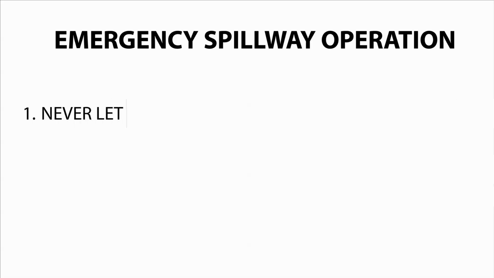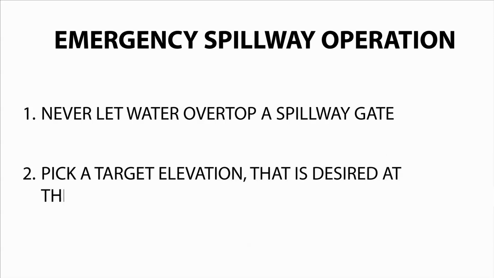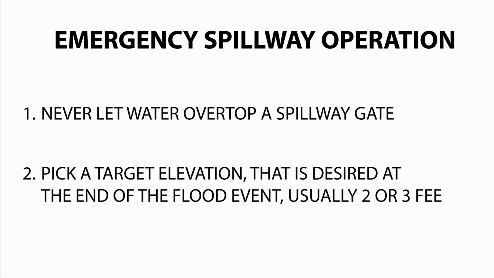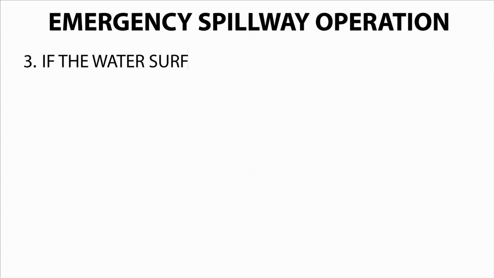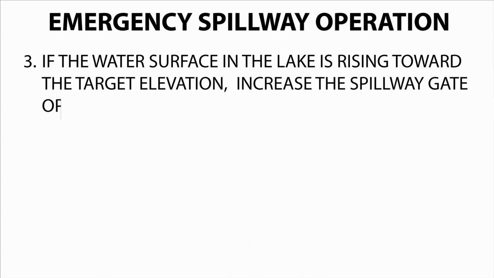Number 1, never let water overtop a spillway gate. Number 2, pick a target elevation, usually 4 or 5 feet from full lake, that is desired at the end of the flood event. Number 3, if the water surface in the lake is rising toward the target elevation, increase the spillway gate opening until the lake stops rising.